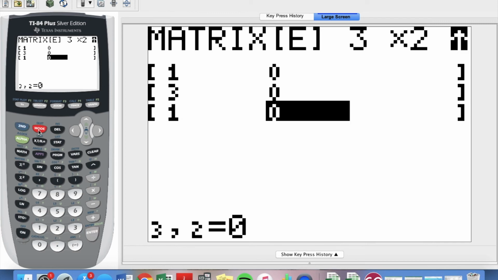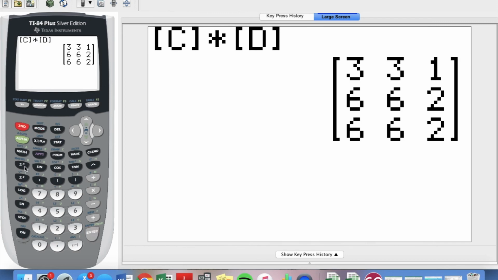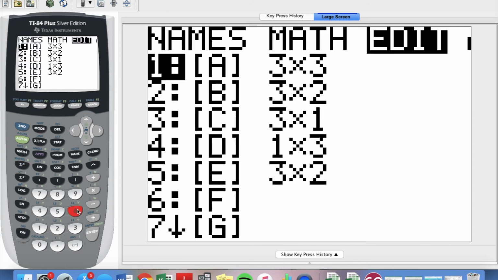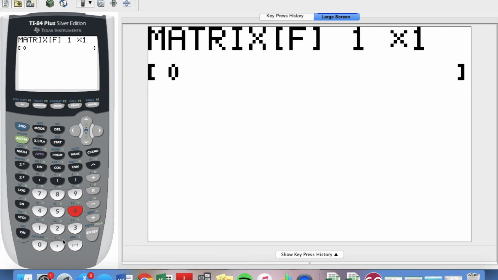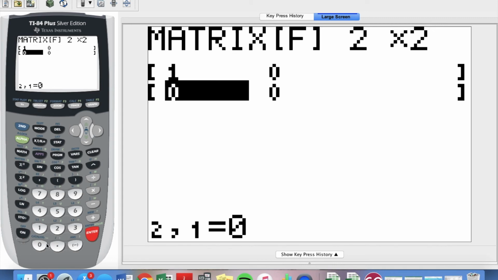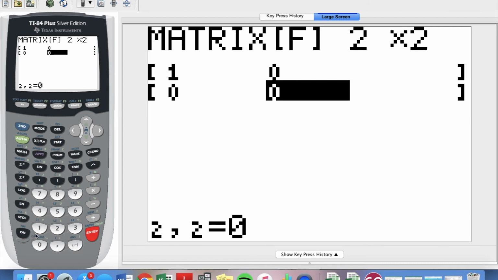So then quit, and then you go back to matrix and edit matrix F, which had 2 rows and 2 columns, so 2 by 2. That was 1 0 0 1. So 1 0, 0 1.